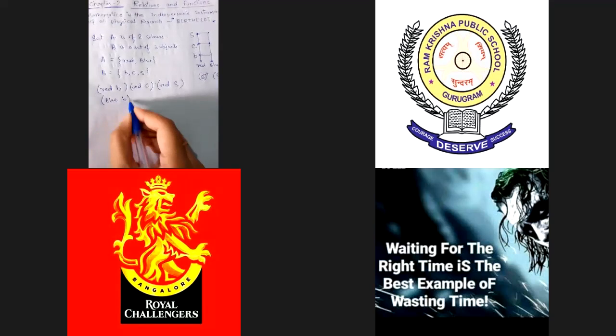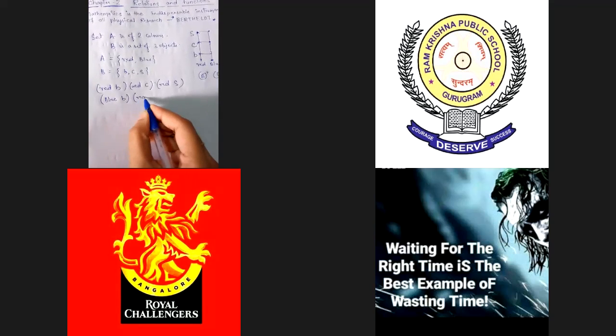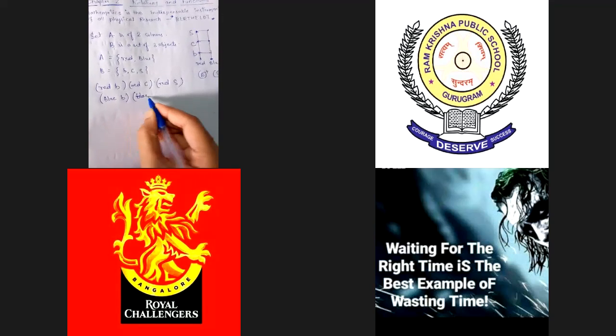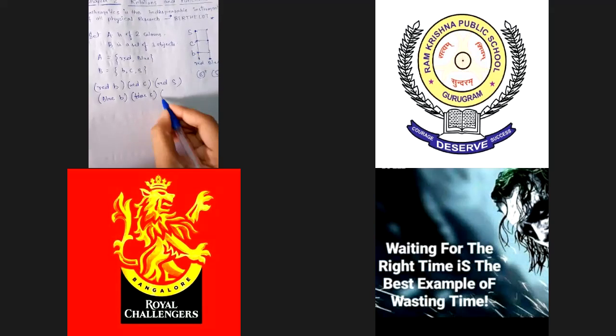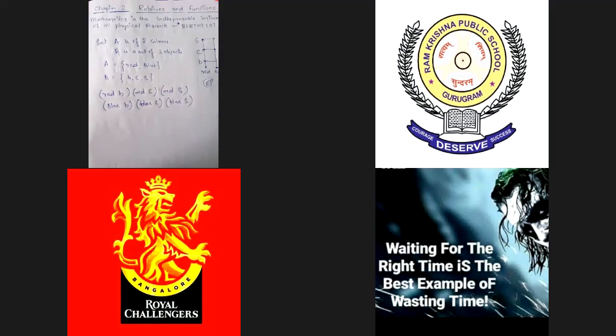हमने पहले red से compare किया. Similarly, you can write Blue B, blue bag, Blue C, blue coat, Blue S, blue shirt. रेड बैग, कोट, शर्ट भी हो सकती है और ब्लू बैग, कोट, शर्ट भी हो सकती है. तो हमने जितने भी पेयर बन सकते हैं, पॉसिबल पेयर्स हमने बनाए.